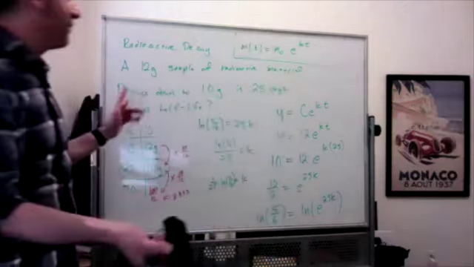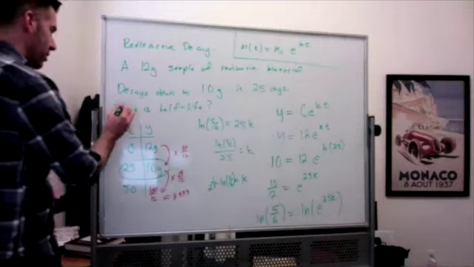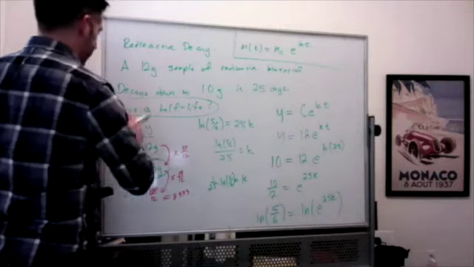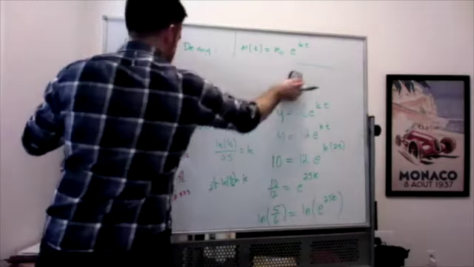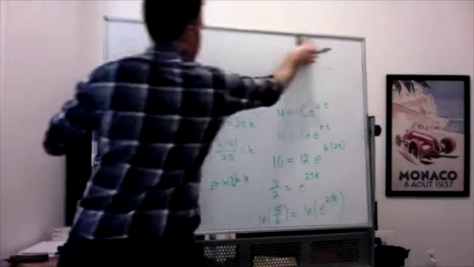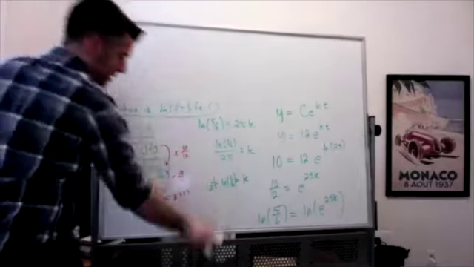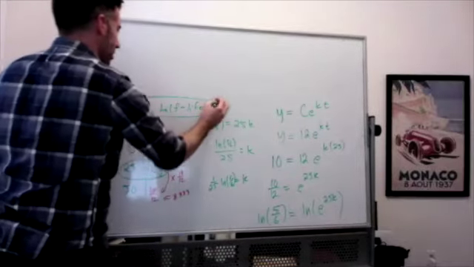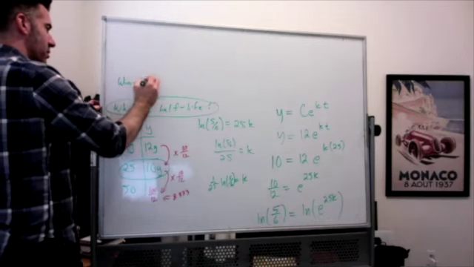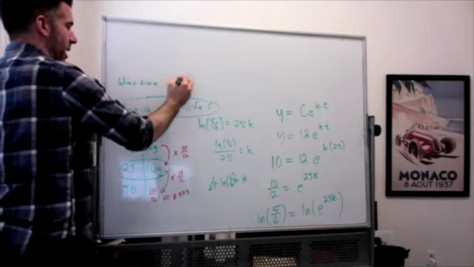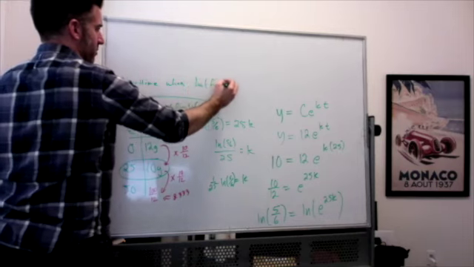So the only thing left now is to answer the question, what is the half-life? To answer that question, we have to know what a half-life means. The half-life is the amount of time it takes until there's half left. So we're really wondering, what time when half the substance remains?